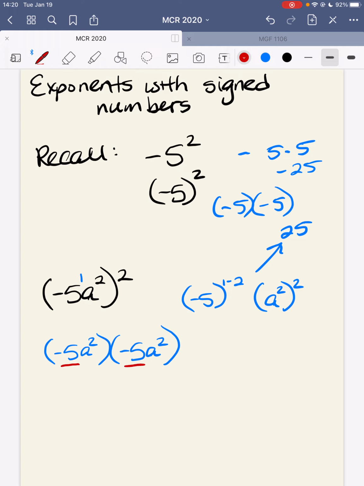It's a little bit harder to see in this form. All right. Now negative 5 times negative 5, negative and negative gives me a positive 25. And then we go ahead and add our exponents. So 2 plus 2 gives me a to the 4. Right. So when we're talking negatives, it might be worth your time to go ahead and write it out. It really is up to you.